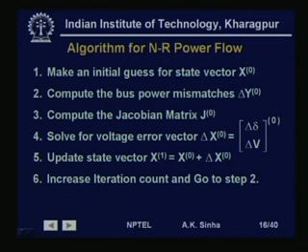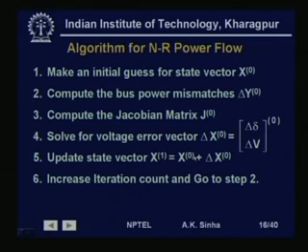Similarly, compute the Jacobian matrix J 1, solve for the error vector delta x 1 as delta delta and delta V for the first iteration, then update the state vector. You will get x 2 is equal to x 1 plus delta x 1, and so on.